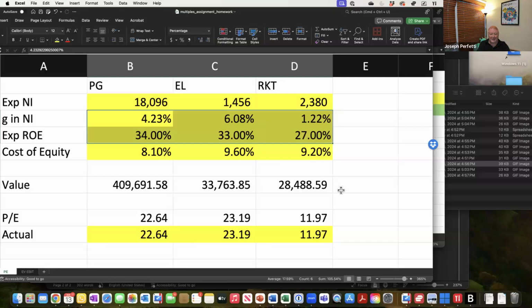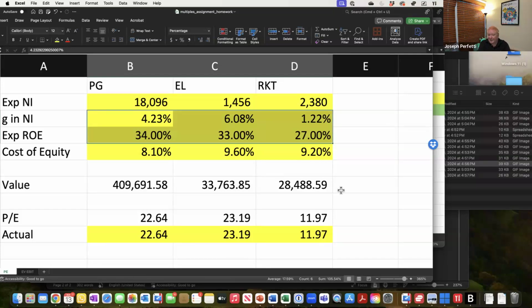In terms of why RKT has the lowest multiple and trades at a big discount, 11.97 to P&G? Again, it's the low G, the 1.22% G against the 4% G of Procter & Gamble, at a lower spread, though it's still a pretty high spread. 27 minus 9 is an 18-point spread. That's pretty good, but it's a lower spread than P&G at a much lower growth rate.